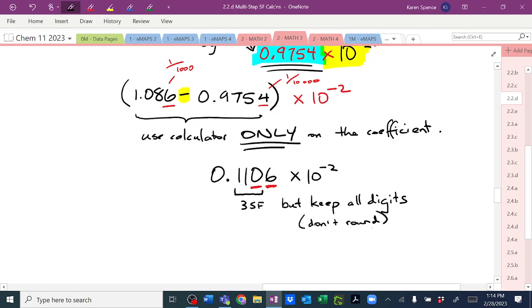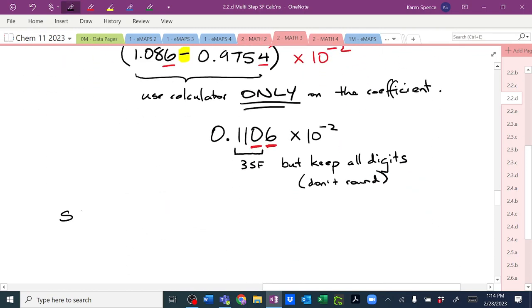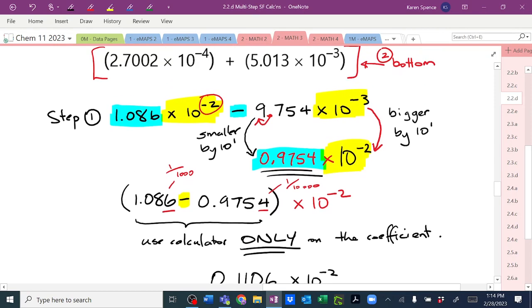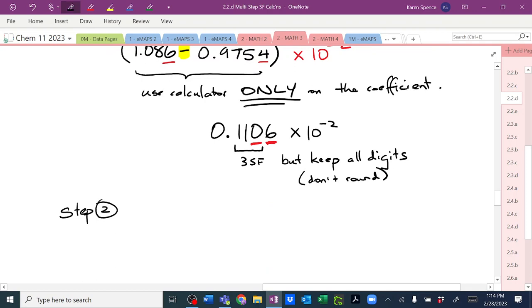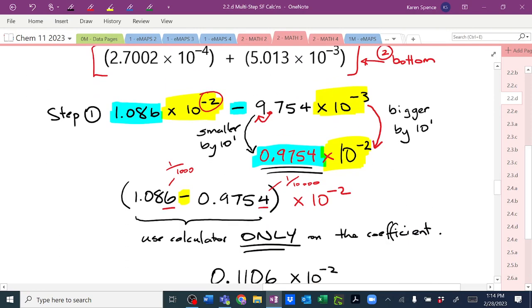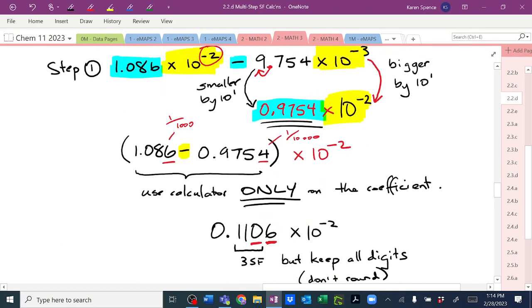Okay, that's step 1. Step 2. $2.7002 times 10 to the minus 4 plus 5.013 times 10 to the minus 3.